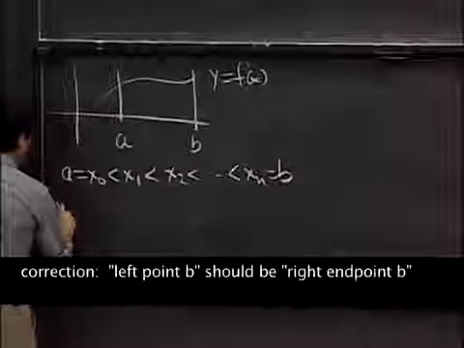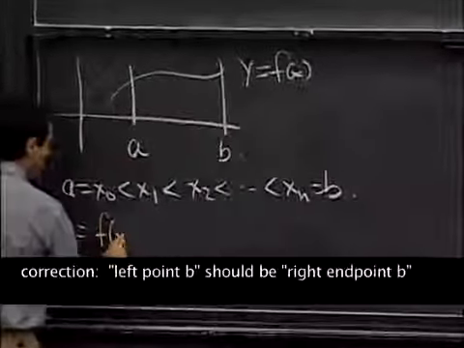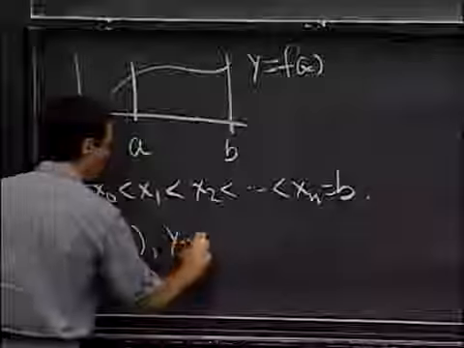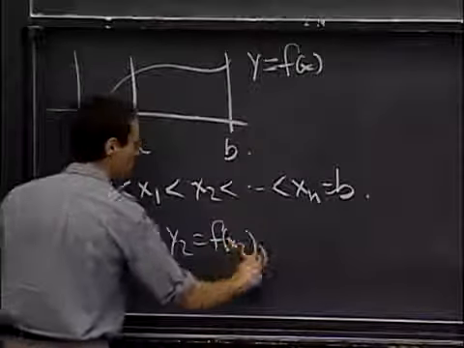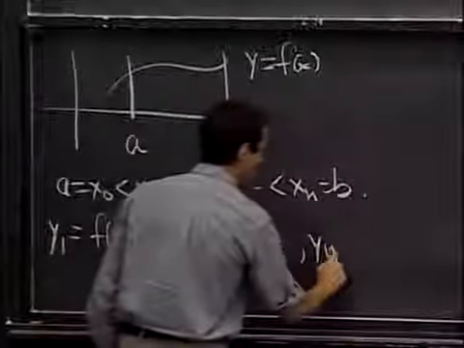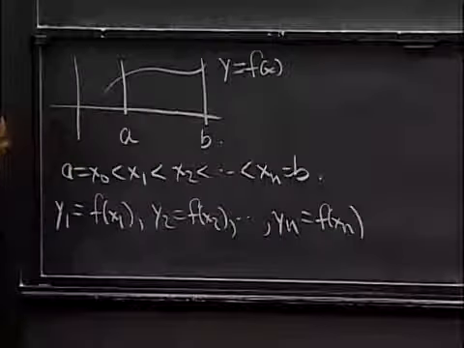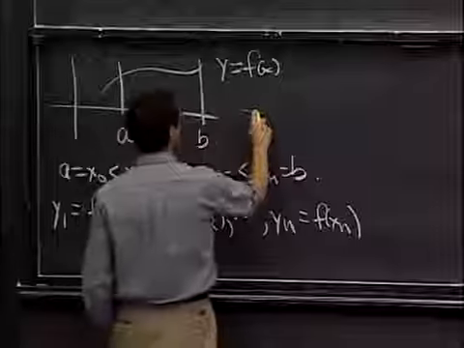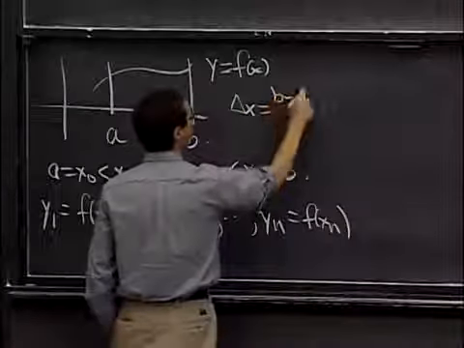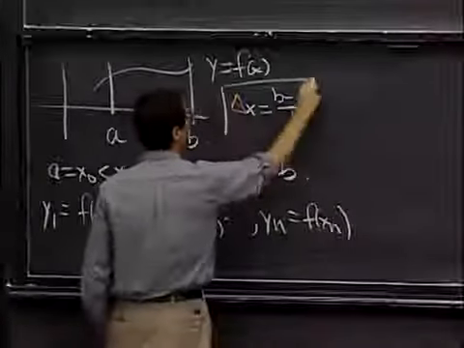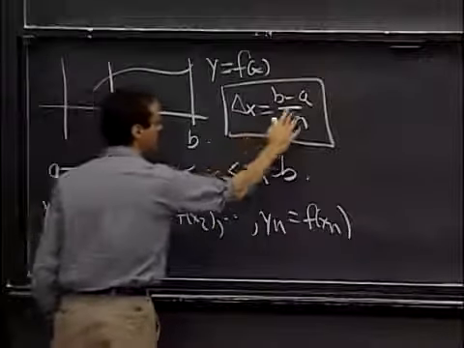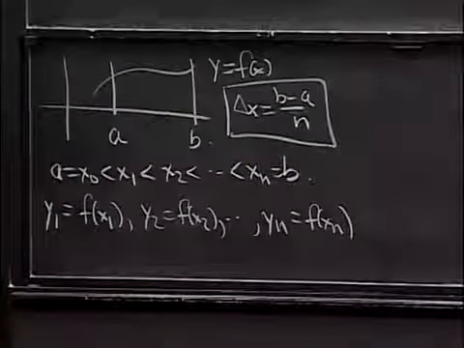And then we have values y1, which is f of x1, y2, which is f of x2, all the way up to yn, which is f of xn. And again, the spacing here is b minus a over n. All right, so remember that spacing. That's going to be the connection that we'll draw.